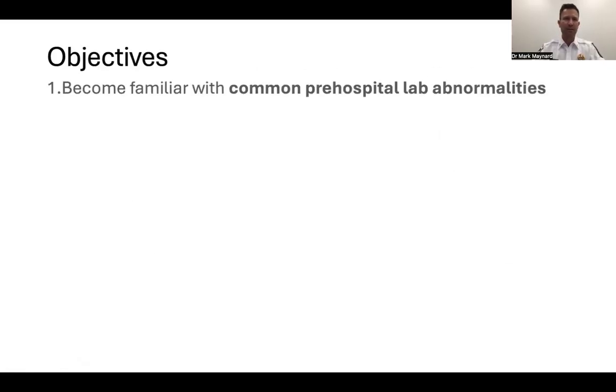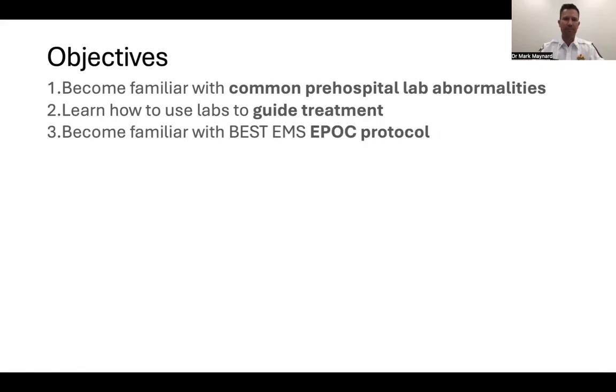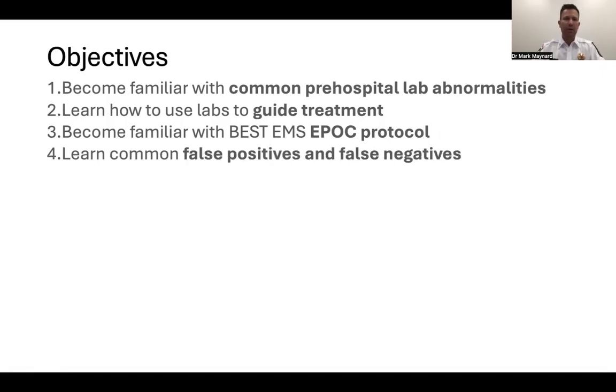All right, objectives. Today we want to become familiar with the common pre-hospital lab abnormalities, basically when we get the diagnosis, and then how we use those labs to guide our treatment. We're going to be using the best EMS EPOC protocol. We also want to learn a little bit about false positives and false negatives.